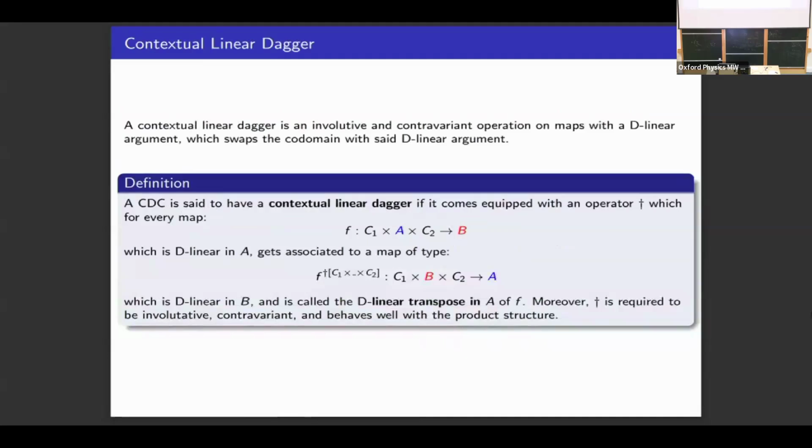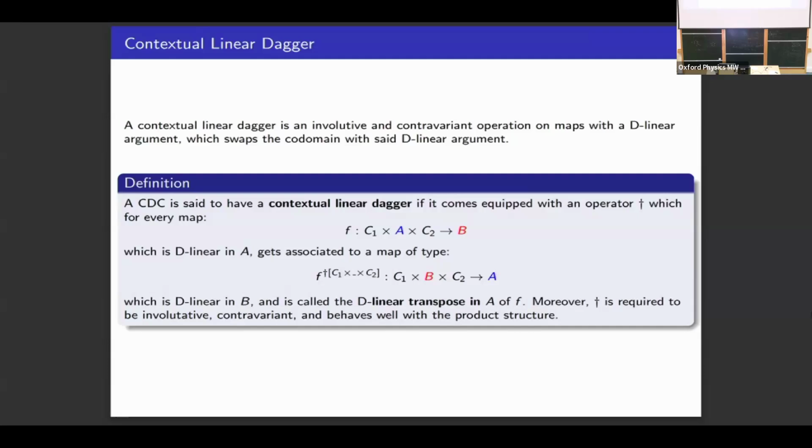So now with this in mind, I can tell you what a contextual linear dagger is. This is the transpose operator. If you know a bit about dagger categories, you know that usually you should be able to transpose maps and swap domain and codomain. Well, a contextual linear dagger lets you do that, but only with linear arguments. A contextual linear dagger is an operation on a Cartesian differential category where, if I have a map with context on the right and context on the left, and it's linear in the argument A, then I can swap it.